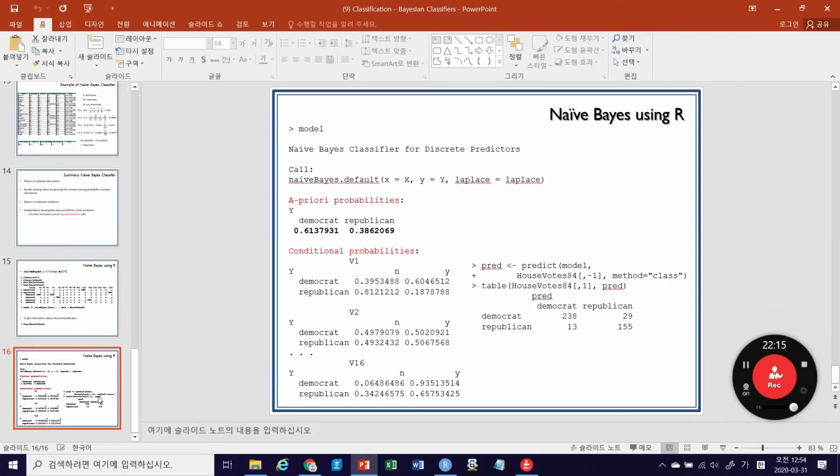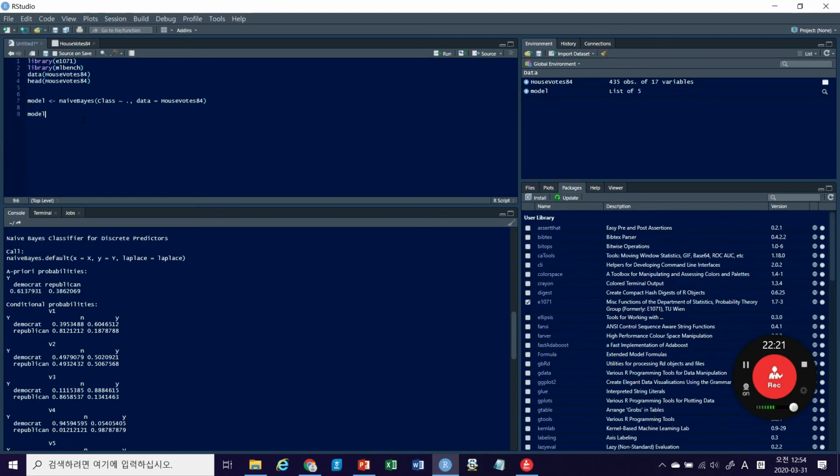And then, even though there is no code, you can still use the predict function to predict the class. Predict, and then the trained model is model, and the data set, because we didn't divide it into training and test, so let us just use this whole thing.